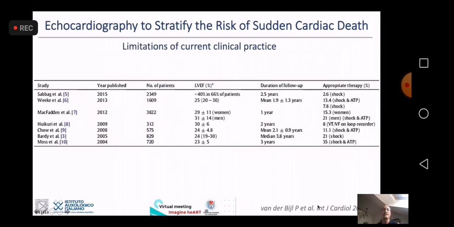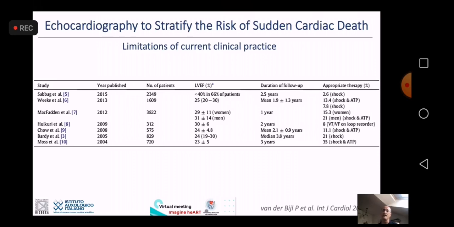The problem is that with the current guidelines, with the current indication to the implant of the ICD, we are not doing really a great job. Because as you see in this meta-analysis, of all the ICDs we implant, only a minority deliver appropriate shock therapy to the patients.